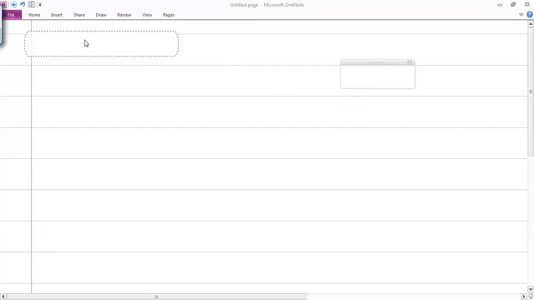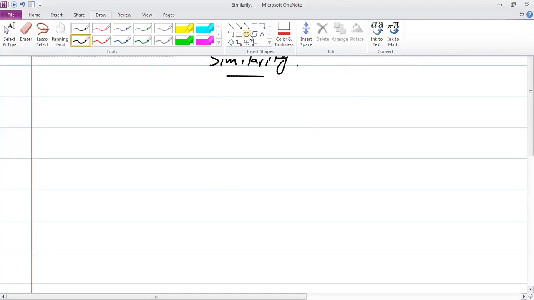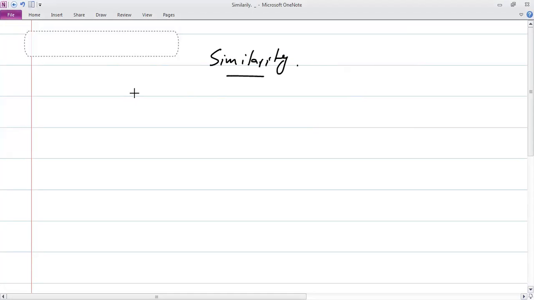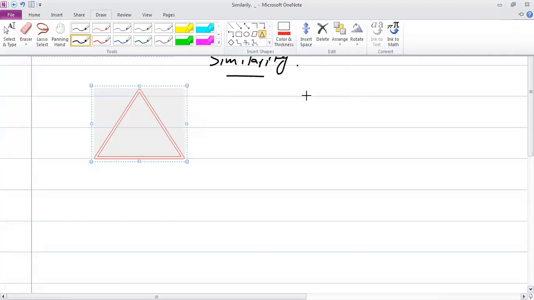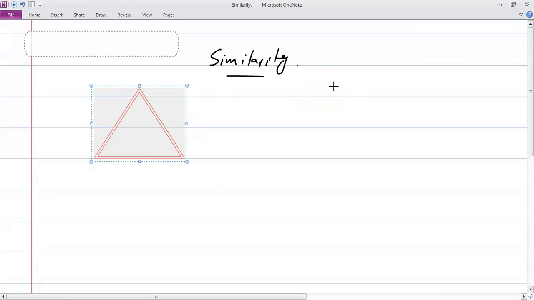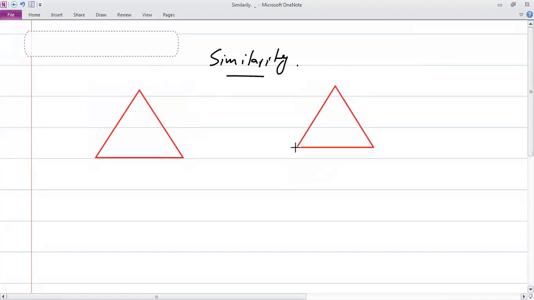We are going to start the topic similarity. Let's suppose we have two shapes, like let's say two triangles. One is this triangle, and another is this triangle.